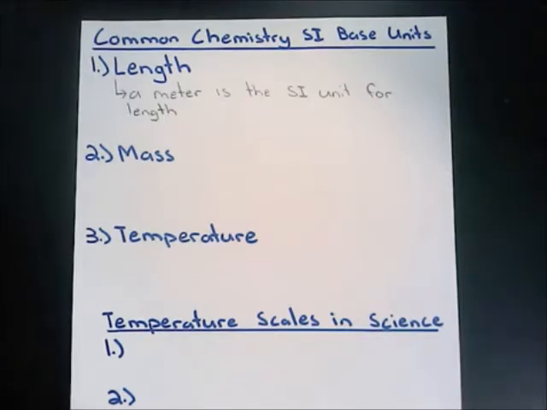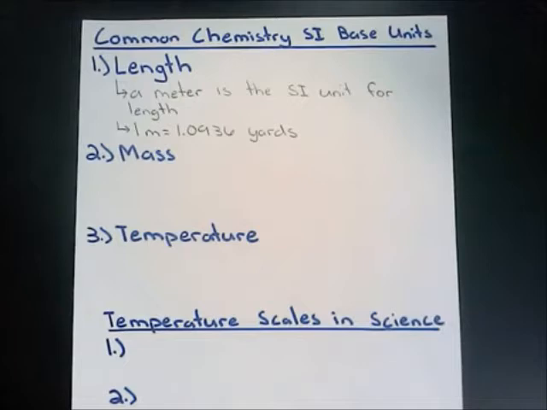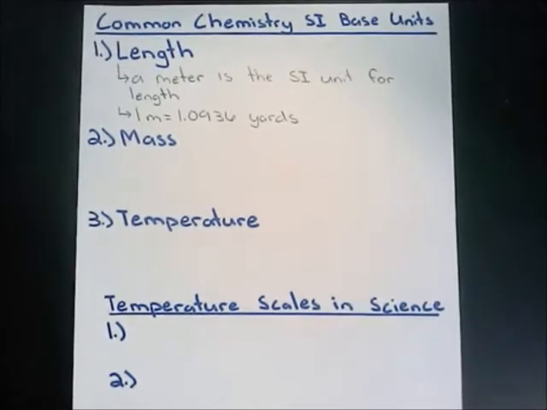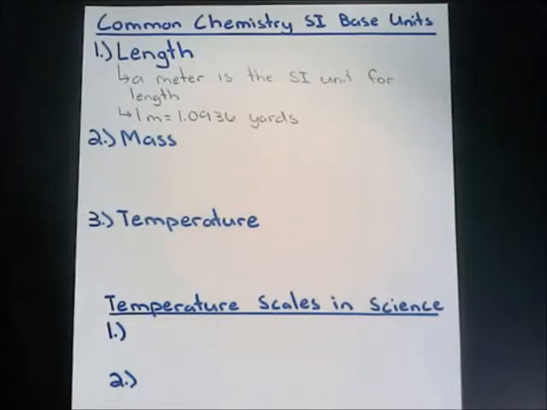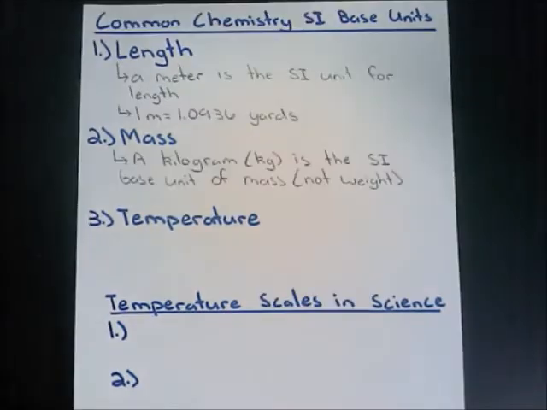Just to familiarize yourself with what a meter is, 1 meter is equal to 1.0936 yards. And so we move down to mass. For our mass, a kilogram is the SI base unit of mass, not weight. Just to give you an idea, a kilogram is equal to about 2.2 pounds, or pretty typical of the average textbook.